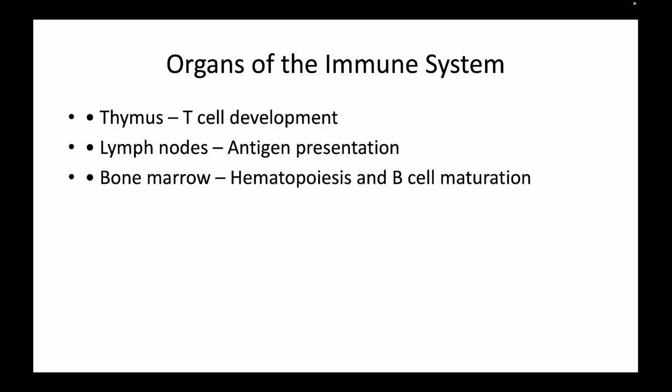In the bone marrow, hematopoiesis and B cell maturation take place. Origin-wise, both B lymphocytes and T lymphocytes originate in the bone marrow, but T lymphocytes go to the thymus for development, whereas B lymphocytes mature and develop in the bone marrow only.